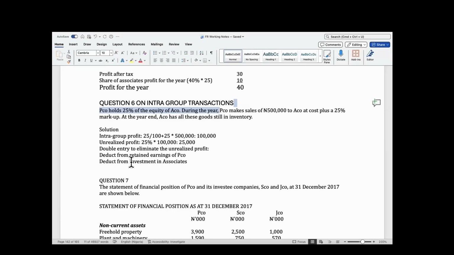You can only eliminate it from the investment in associates. For the other leg, since it's the parent that made profits, you eliminate the unrealized profit from the retained earnings of the parent. I've mentioned this before. I'm just bringing it up again with examples.